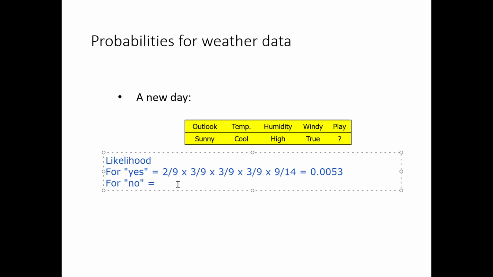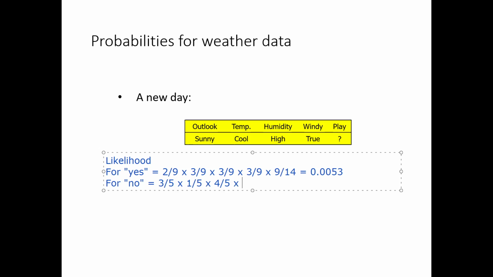So for no, outlook is sunny. You look at outlook is sunny. For class no, 3 out of 5. Then look at temperature cool. When temperature is cool, 1 out of 5. Then look at humidity is high. When humidity is high, for no, 4 out of 5.